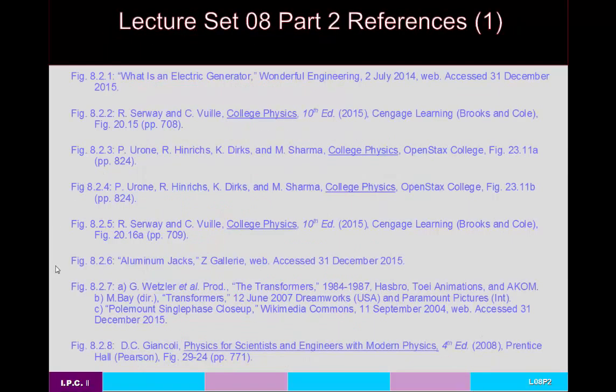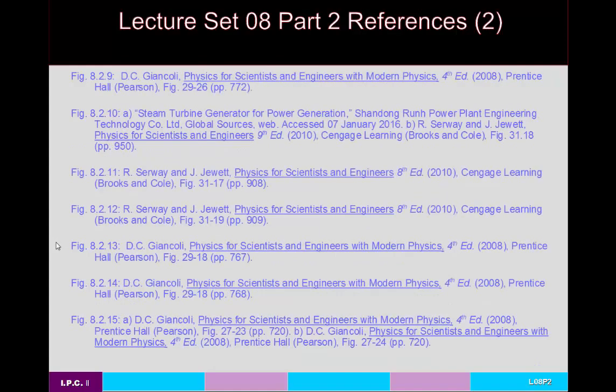So that brings us to the conclusion of this lecture part, and in fact to the conclusion of this set of lectures on induction. It's worth stating that we will have another set of lectures that pertain to what's called inductance.